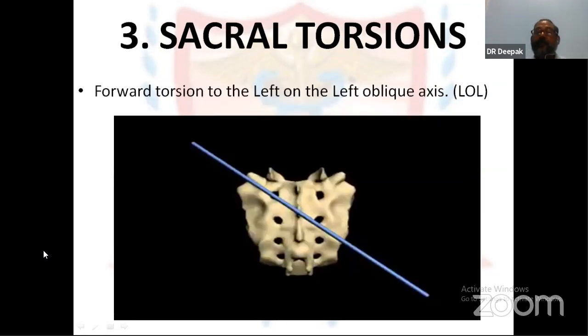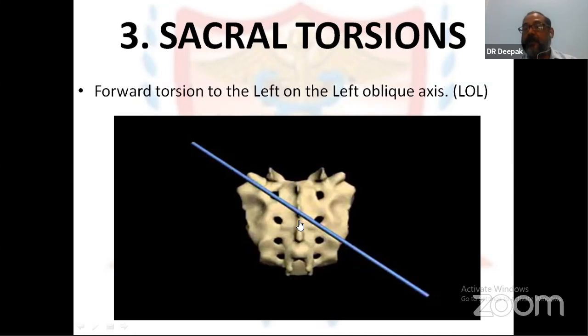So the sacral torsions are: first is forward torsion to the left on the left oblique axis. In short form we say LOL, left on left oblique axis. So this is forward torsion of the sacrum to the left on the left oblique axis. Look at this video, then you will understand. This is the left oblique axis.